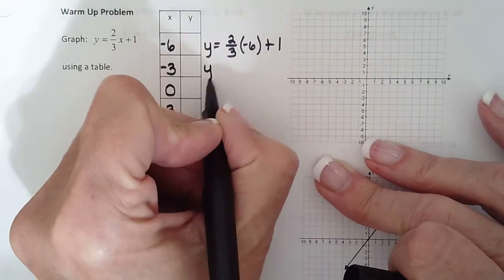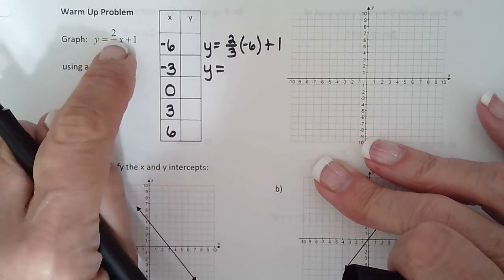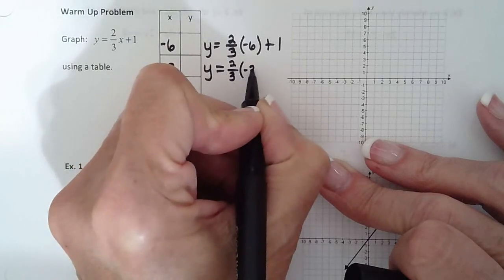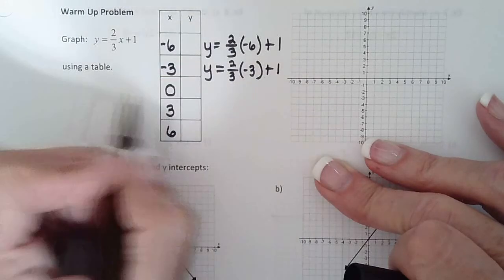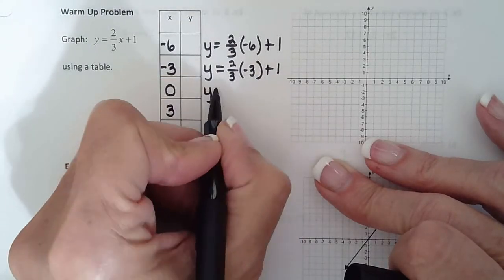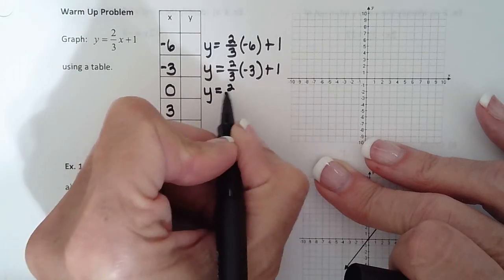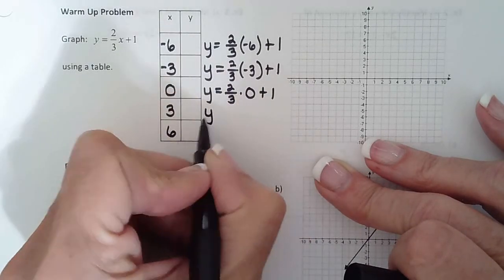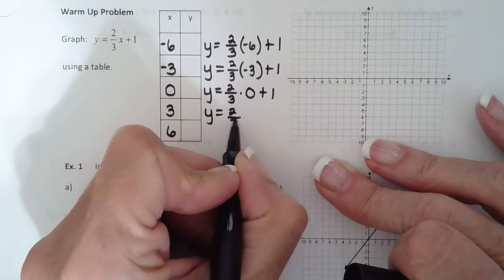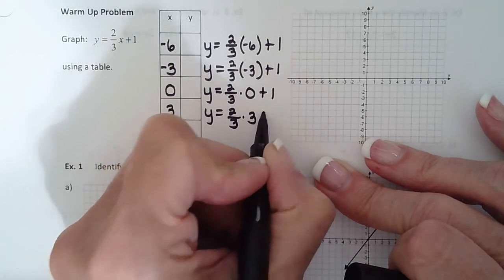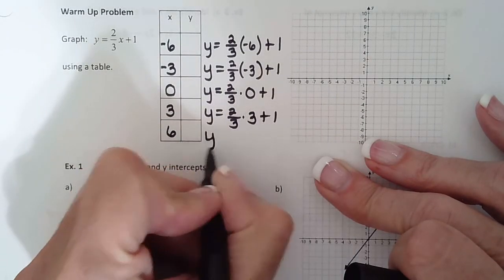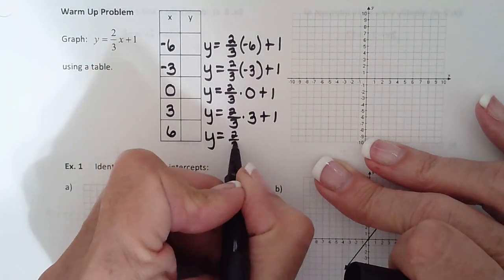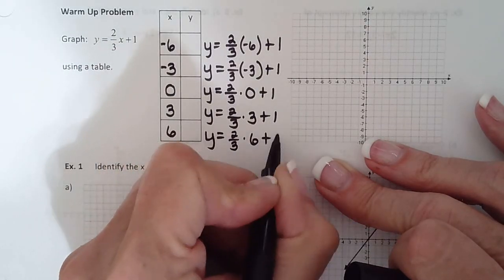And then next we need to put -3 in for x, so that would be 2/3 times -3 plus 1. Then 0. Now we can drop the parentheses because it's not negative, so 2/3 times 0 plus 1. Then y equals 2/3 times 3 plus 1. And last, y equals, plug 6 in for x, so 2/3 times 6 plus 1.